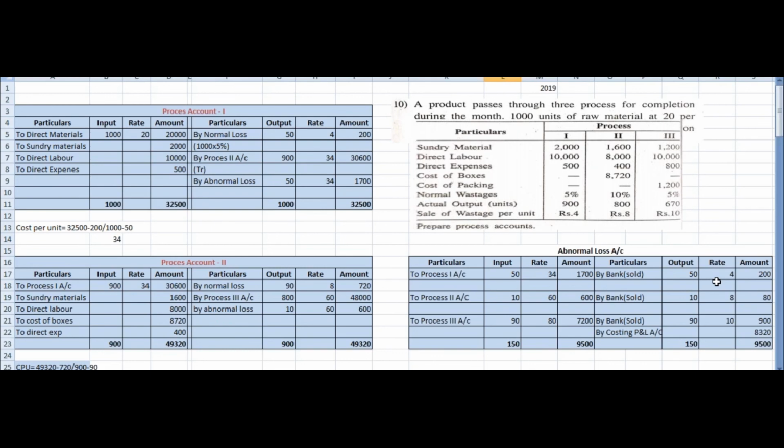Is it clear to everyone? Yes, sir. From tomorrow, in tomorrow's class, shall I go for another type of question based on joint products and byproducts? Yes, sir.